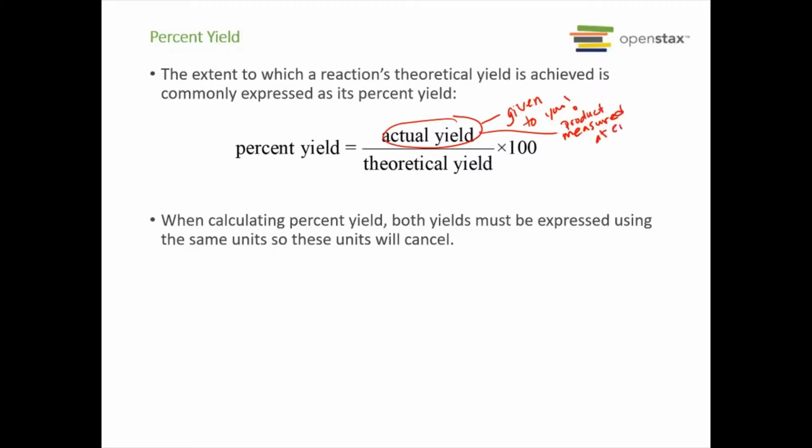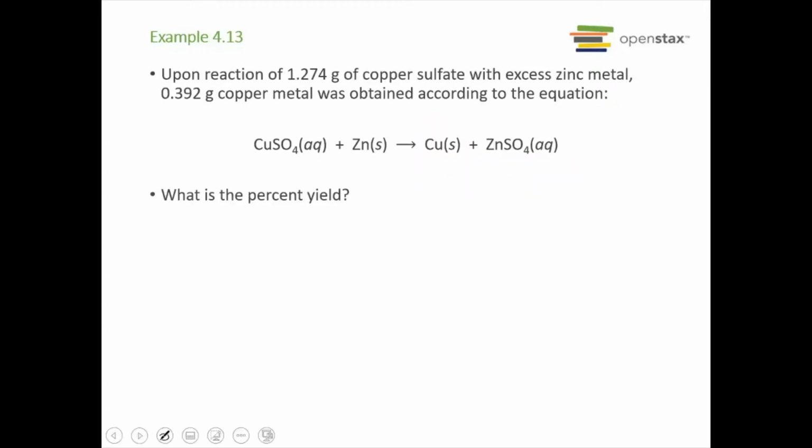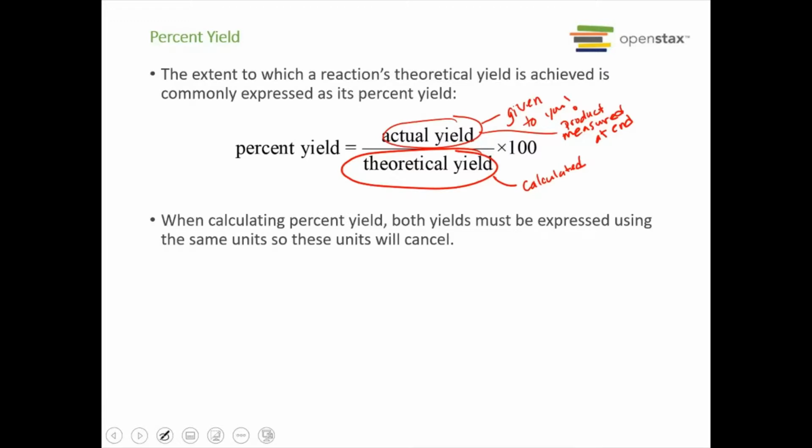And you divide that by the theoretical yield, and this is calculated based on limiting reagent. I'm just going to put LR for limiting reagent.